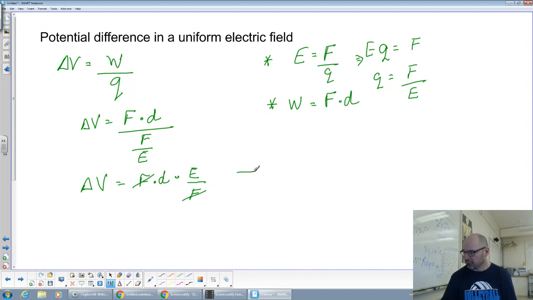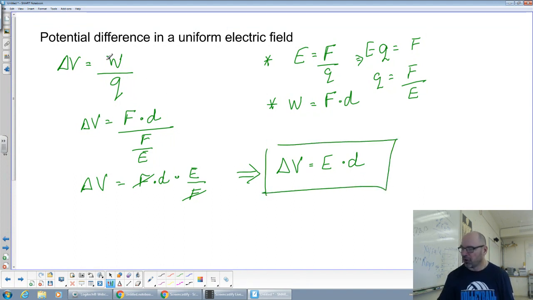So we get, as our final equation, a voltage in a uniform electric field equals the electric field times the distance that the charge is moved. And there is a simple equation for potential difference in an electric field.